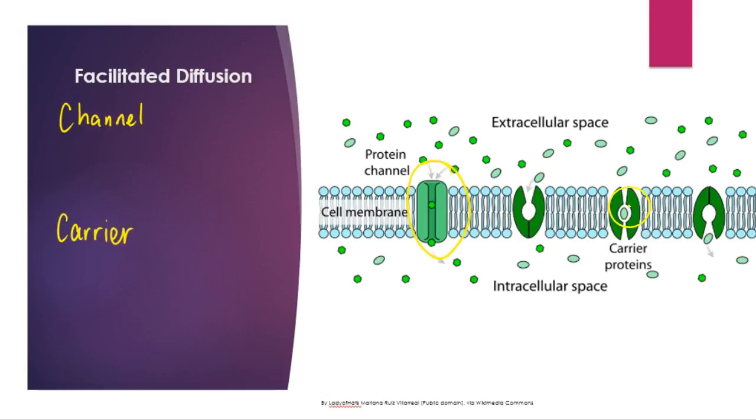When one's sitting in there, it will actually move, just like a revolving door, open up on the other side and let it out. But while it's doing that, the other side of it is actually shut. So these sort of proteins that actually change their shape to let things through are called carrier proteins, and it's called carrier-mediated diffusion.